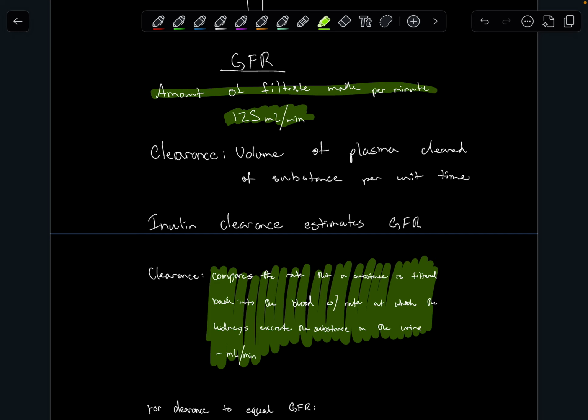So the best way for us to measure clearance in our body is through inulin. Inulin has the closest GFR to our normal GFR. So that's how we can measure clearance, by measuring how much inulin is secreted and then how much is in the blood, right? And that gives us a good idea.